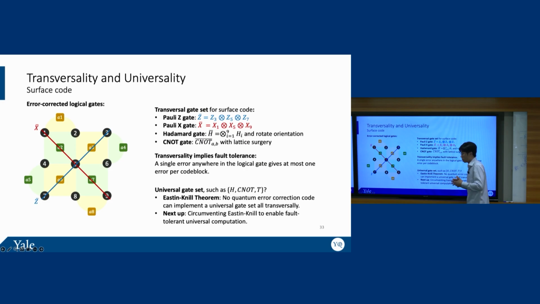In order to perform computation on it, of course, we have to carefully think about implementing the logical operations while performing error correction. And so everything nicely fits this stabilizer formalism that we introduced, leveraging the properties of Pauli operations and the Pauli group.